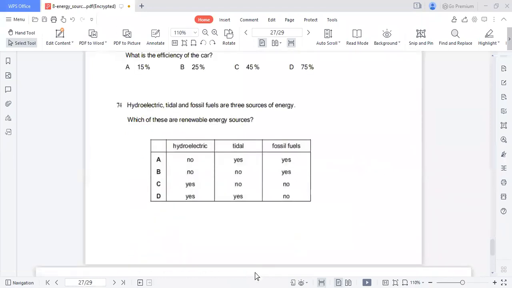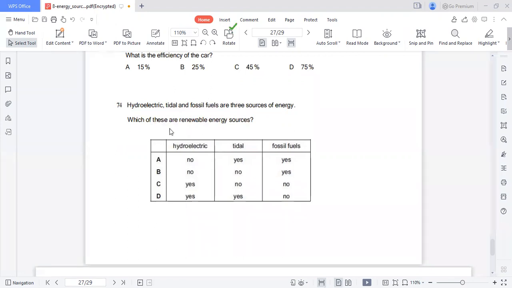Number 74. Hydroelectric, tidal, and fossil fuels are three sources. Hydroelectric means related with dams. Tidal is seas. Fossil fuels are like coal, petrol, natural gas. Which of these are renewable energy sources?